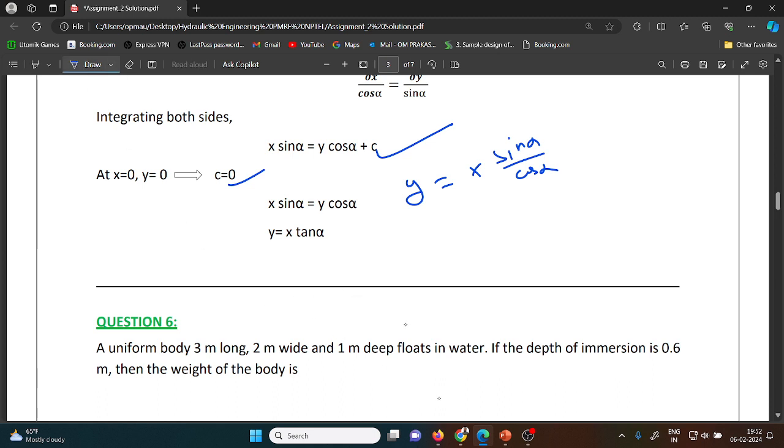Here water is given, that is the rho of H2O, 1000 kg per meter cube.